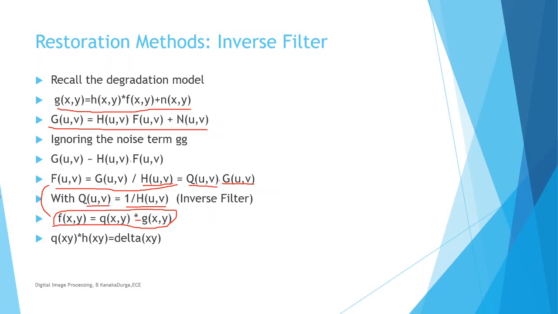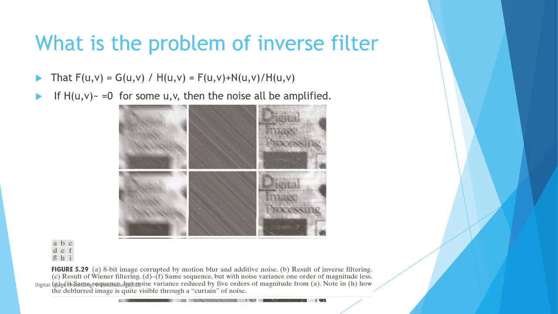When it's in the frequency domain, the analysis for inverse filtering is F of u comma v equal to G of u comma v divided by H of u comma v, where 1 by H of u comma v is represented as Q of u comma v multiplied with G of u comma v.